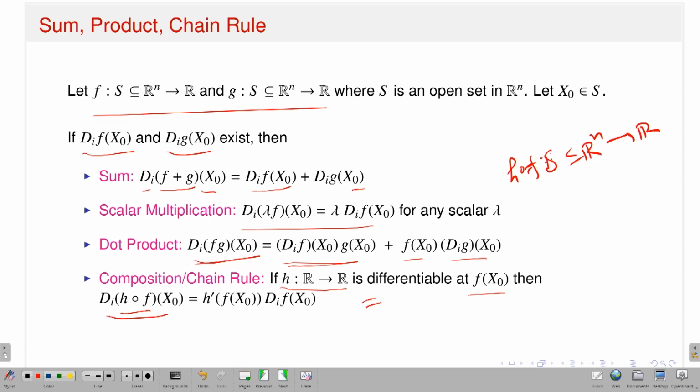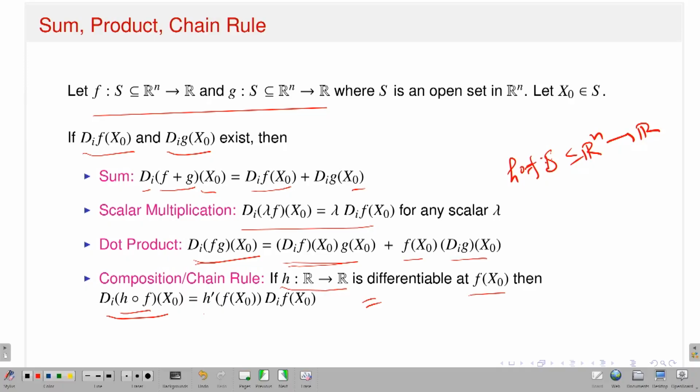You can write that the partial derivative of h composed f with respect to xi at x naught is nothing but the derivative of h at f of x naught, which exists by the hypothesis, times the partial derivative of f with respect to xi at x naught. So, this is the chain rule.